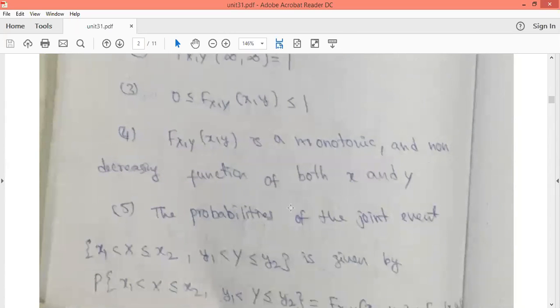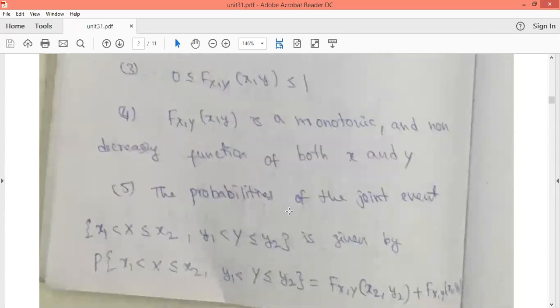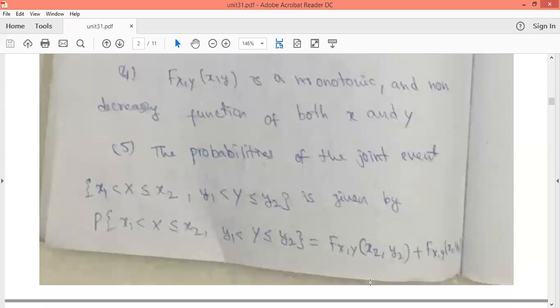The fifth property is about the properties of a joint event. What is the joint event here? x1 < x ≤ x2, y1 < y ≤ y2. What is the probability of this?